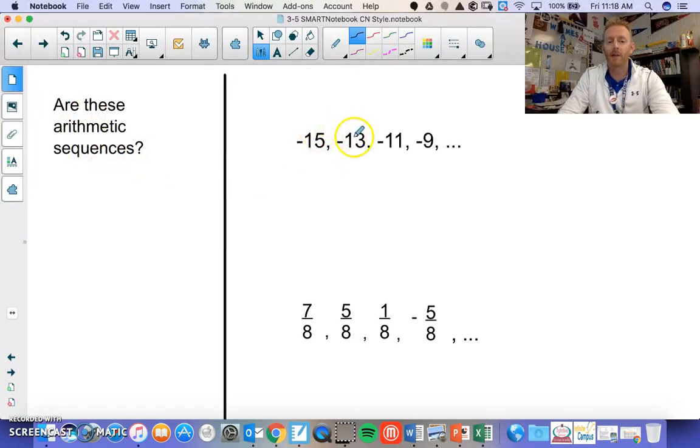A negative 15 to a negative 13 to a negative 11 to a negative 9. We are increasing by 2 every single time, so this is a yes. I believe your assignment will ask you if it is a yes or a no, say what it is, and it might even say, well, what are the next 3? The next 3 would be a negative 7, a negative 5, and then a negative 3.